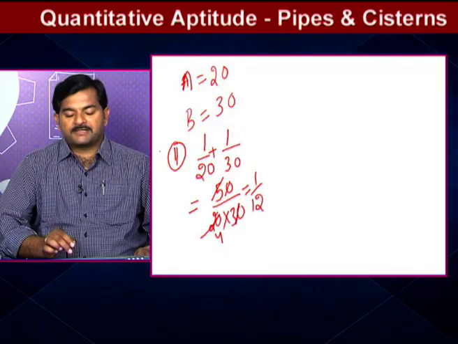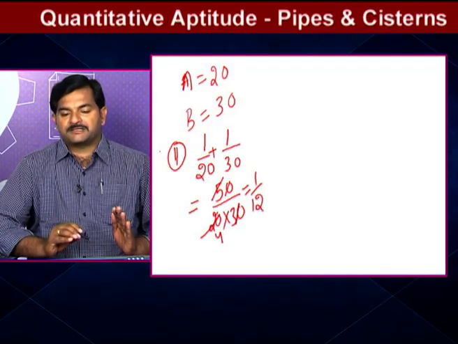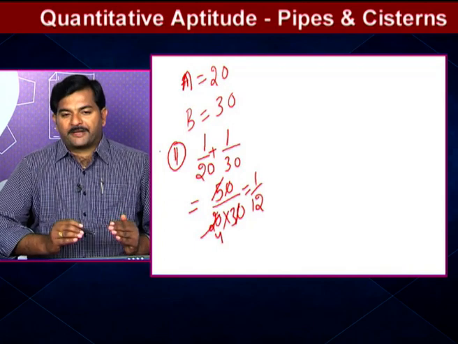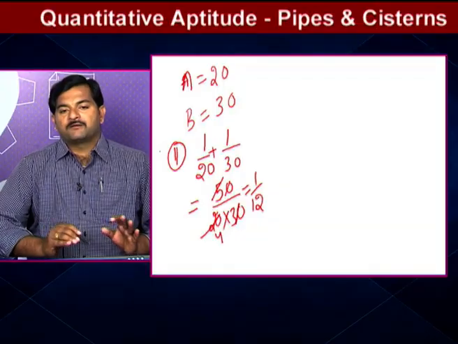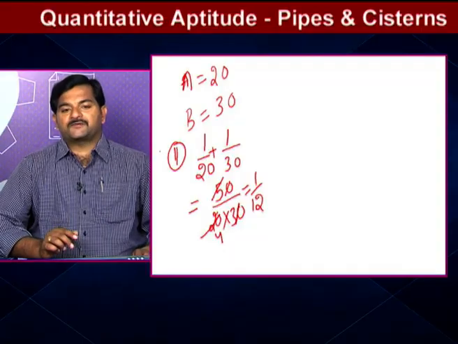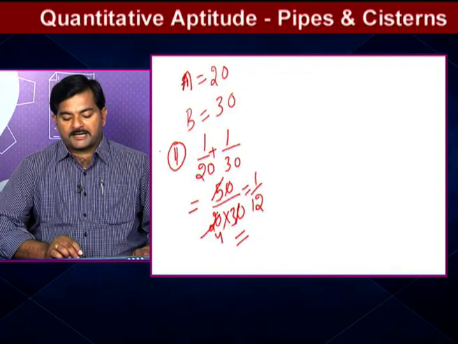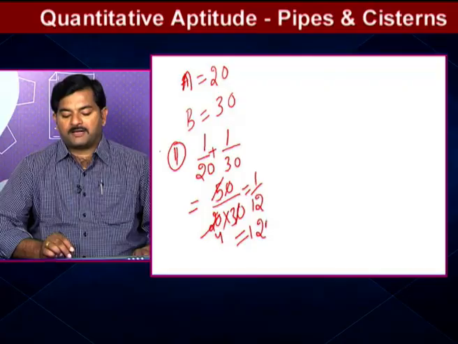So 1 by 12 indicates that both the pipes together can fill 1 by 12 part of the tank in 1 minute. If the total tank is 12 parts, only one part is filled in 1 minute. If in 1 minute 1 by 12th part is filled, then the total tank can be filled in 12 minutes. The answer is 12 minutes.